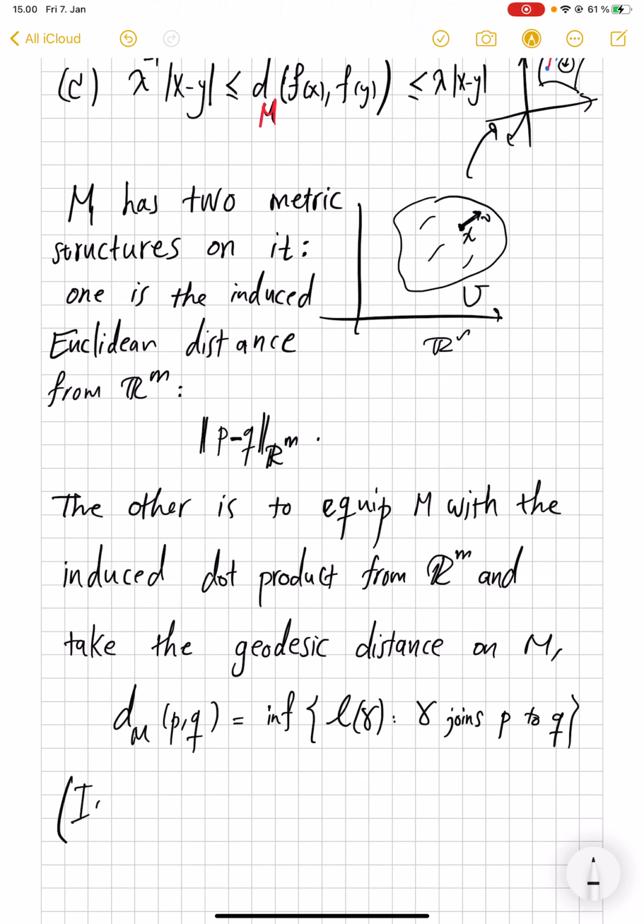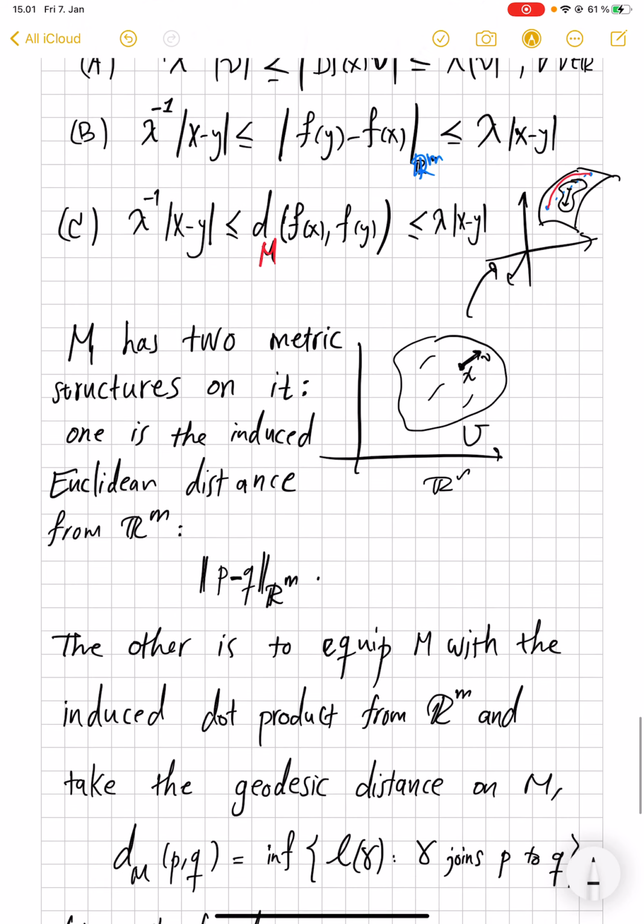In all of this, we assume M is connected, a connected submanifold, because if it's disconnected, then it has two pieces and you cannot really connect them with a geodesic.